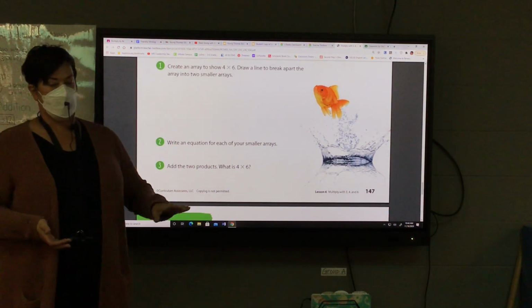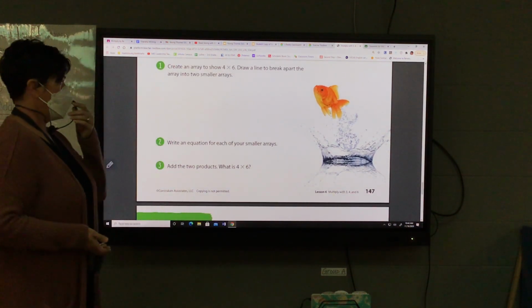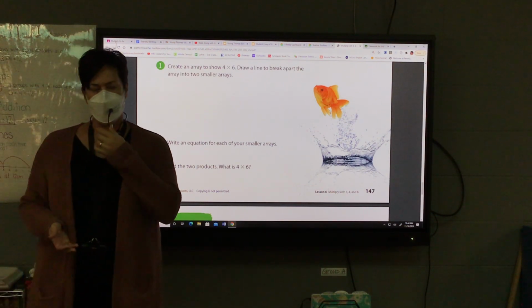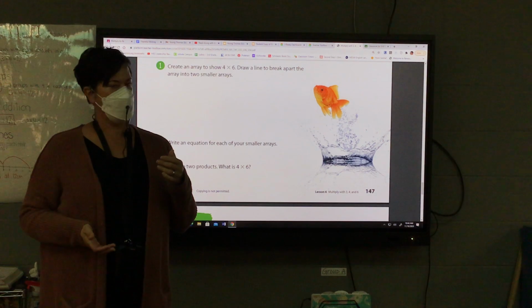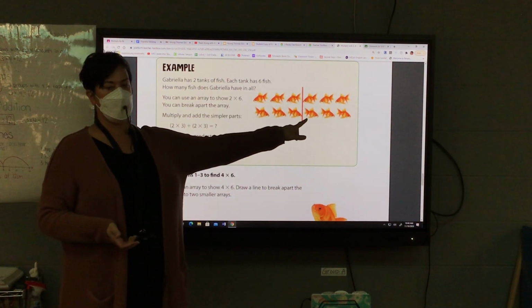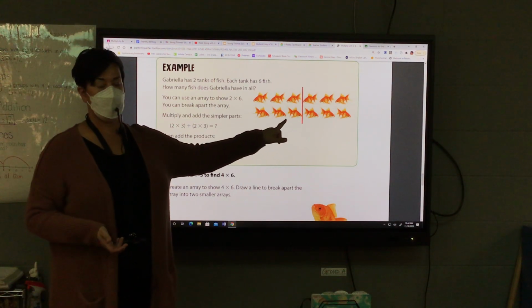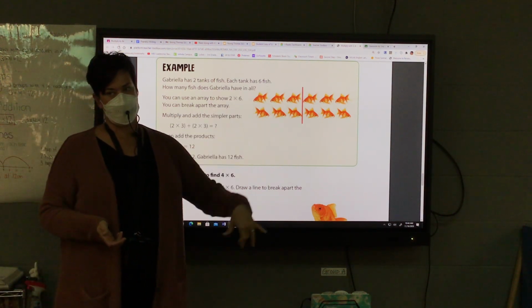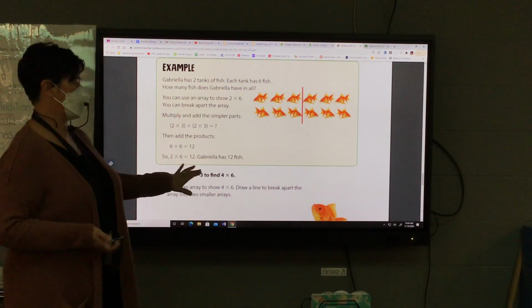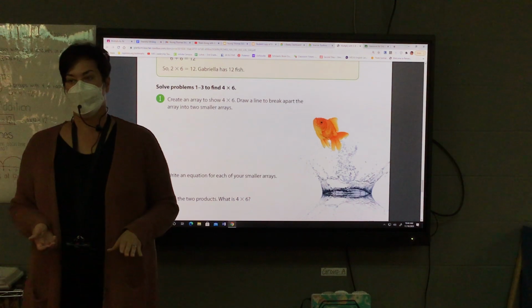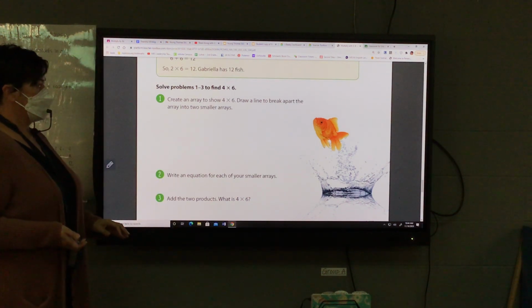All right, look at problem 1. Problem 1 says create an array. Does that mean equal groups? No. Is this an array or equal groups? Array. But do you have to draw the fancy drawings like they have there? No. So create an array to show 4 times 6.